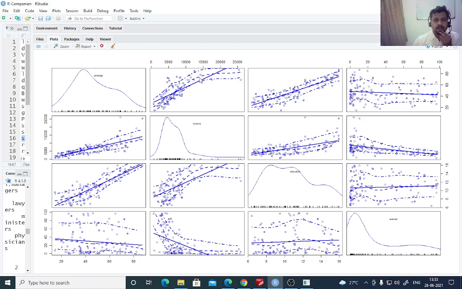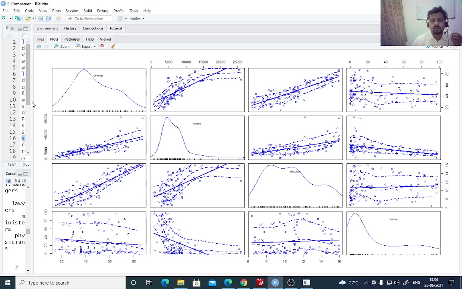This dashed line is your non-parametric smoother, which does not assume any linear functional form of the relationship. And these dashed-dotted lines are your 95% confidence interval around this smoothing parameter. By default, scatterplot uses LOESS as the smoother, which is mostly a polynomial smoothing method.